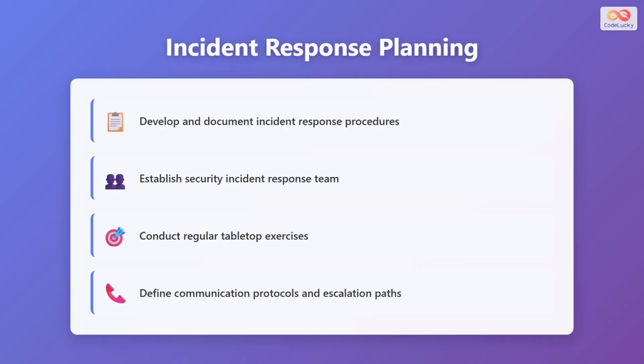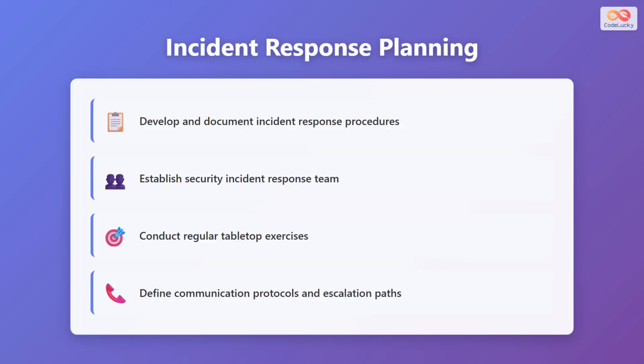Incident response planning prepares your organization to handle security incidents effectively and minimize their impact. Develop and document incident response procedures that clearly outline the steps to take when a security incident occurs, from initial detection through containment, eradication, and recovery. Establish a security incident response team with defined roles and responsibilities, including technical experts, legal advisors, communications specialists, and management representatives.